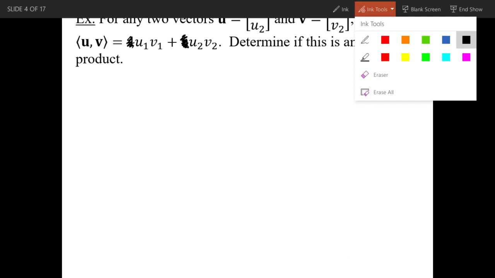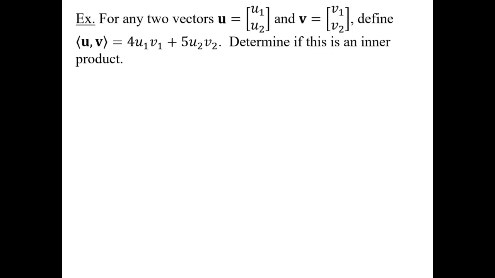But as I said before, it is possible to define a different inner product on R2 in this case, and it could still be a valid inner product. So let's take a look at what this looks like, and let's determine if this is an inner product. Again, there are 4 different requirements.